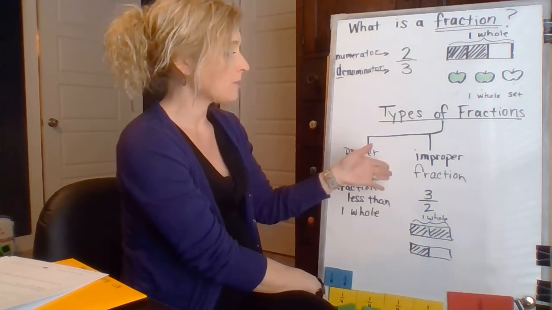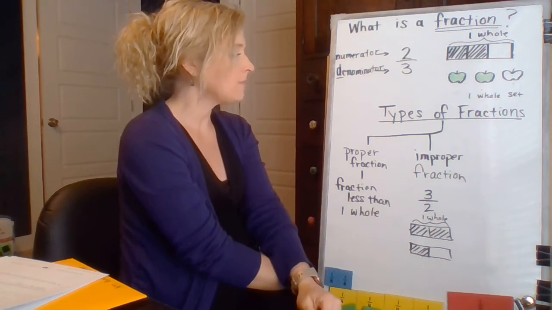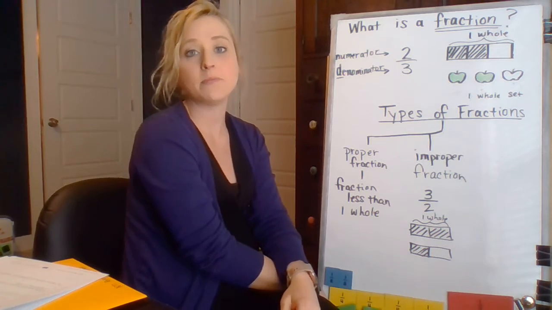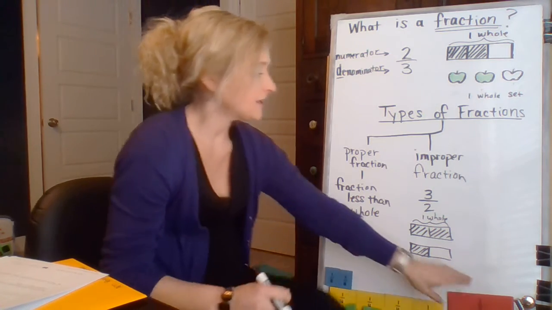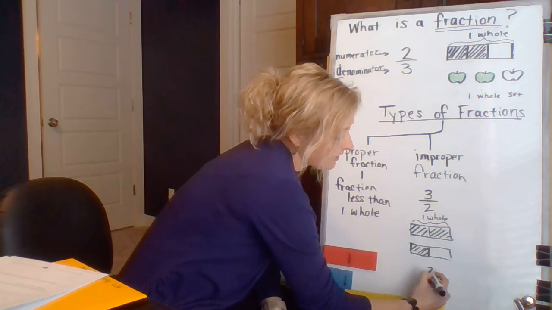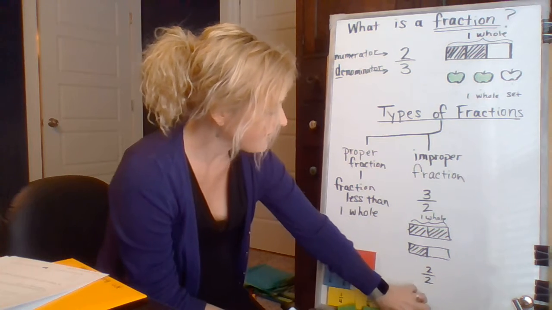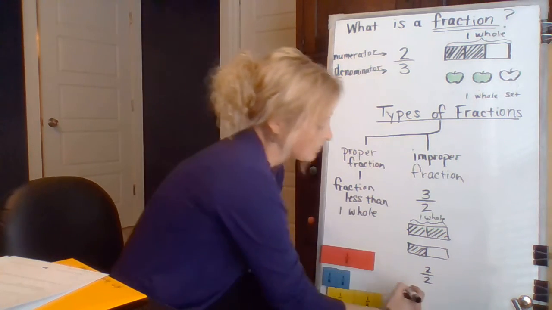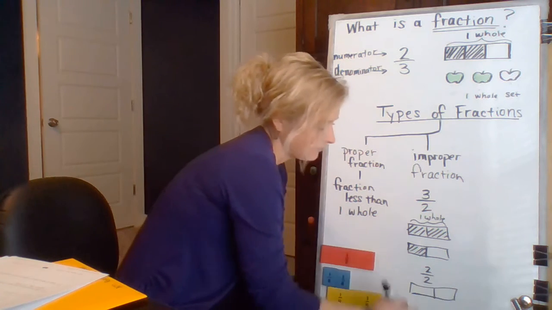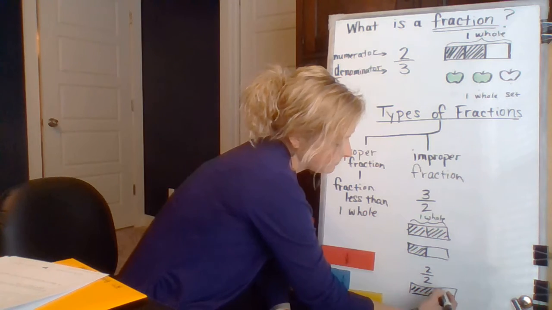So an improper fraction actually can be a fraction that's exactly equal to 1 or greater than 1. And the way that it is equal to 1 is in the special case like if the numerator and denominator are exactly the same and you have 2 halves. You see that? And that's where we would just have 1 whole, split it in half, 2 equal parts for the denominator, and we would shade in 2 of them.